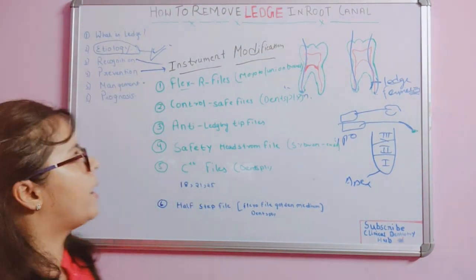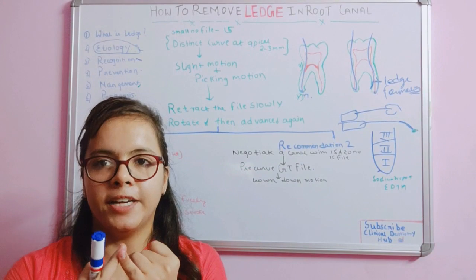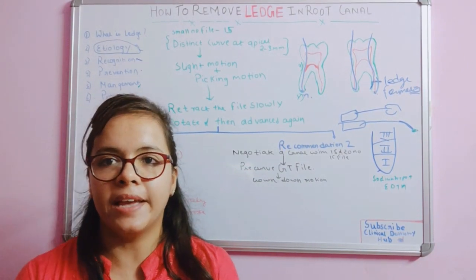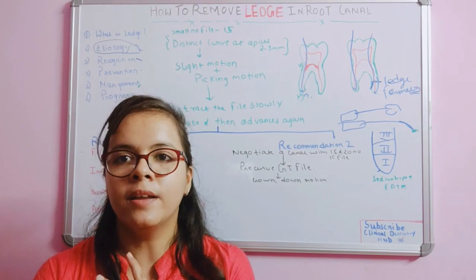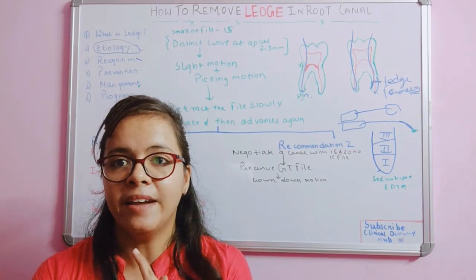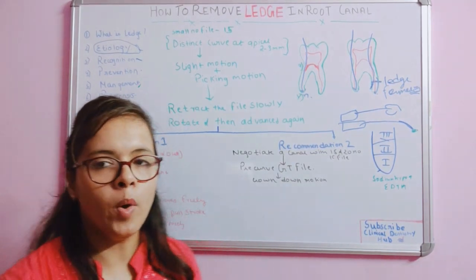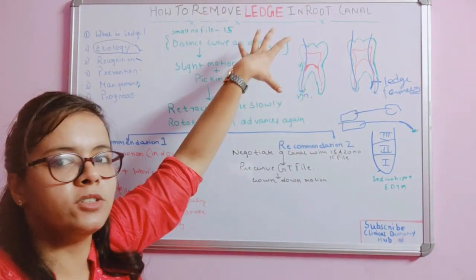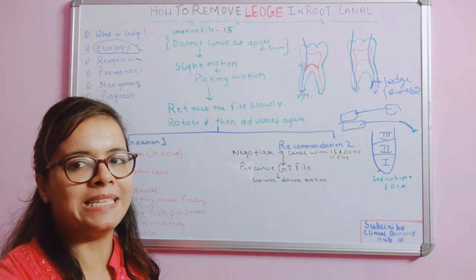Now let's talk about the management of bypassing the ledge. Three things are required for bypassing the ledge: determination, perseverance, and patience. So with this flowchart we can bypass the canal, but it is not that easy. It requires time.